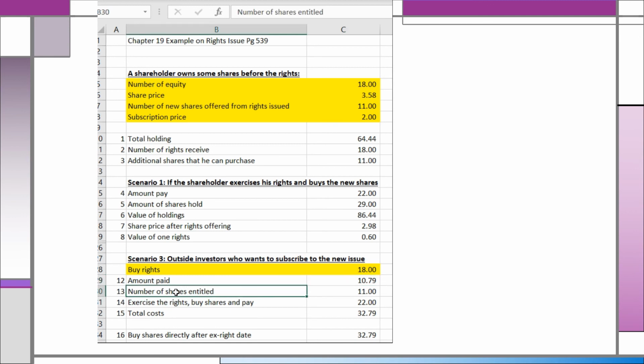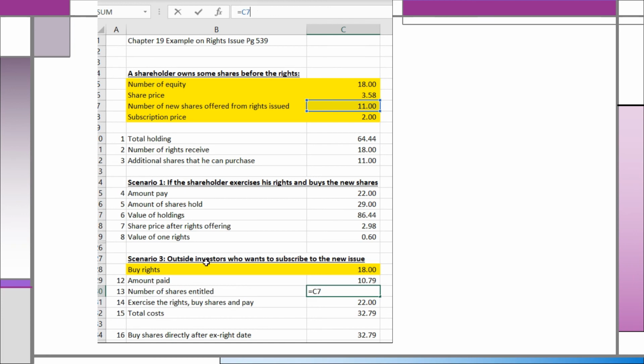Question 13. How many shares can he purchase? With the 18 rights, the outside investor can buy 11 new shares, which is the same subscription ratio as existing shareholders.